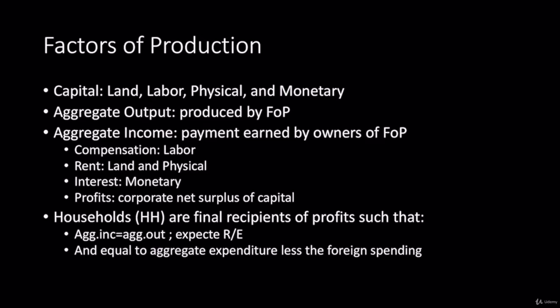Interest is essentially the rent of monetary capital, and profits are the corporate net surplus of capital. So if a company buys a machine, borrows money, and issues stocks to investors, whatever is left over at the end of the day must be the surplus of the factors of production.